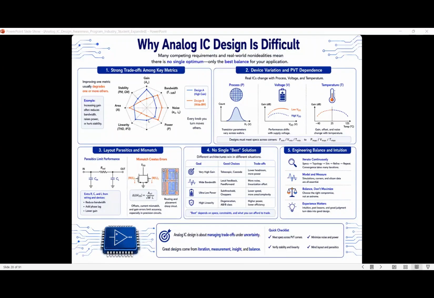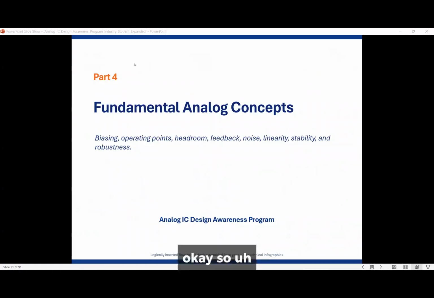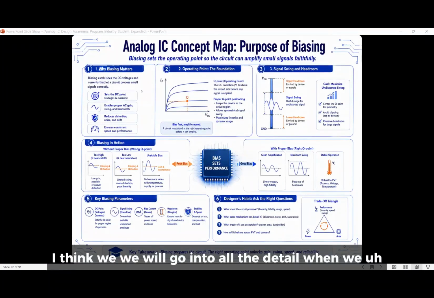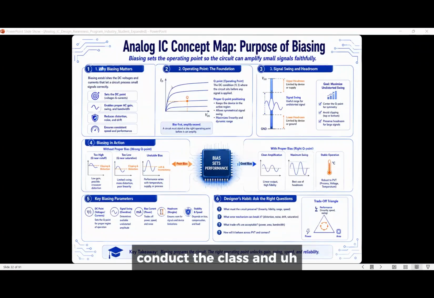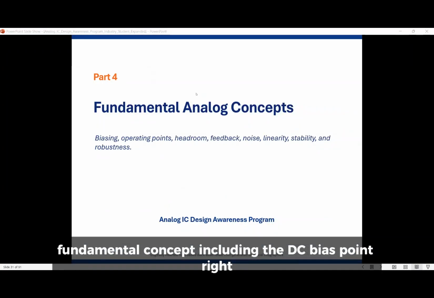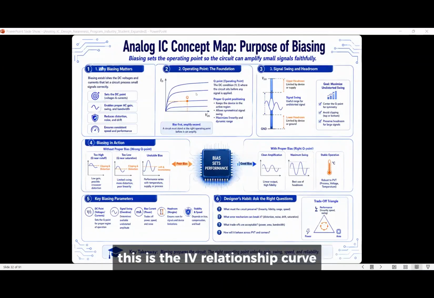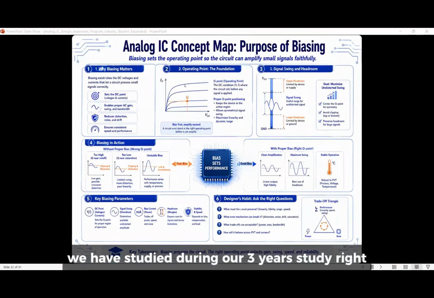Okay, so I think we will go into all the detail when we conduct the class. For example, fundamental concepts including the DC bias point. This is the IV relationship curve we have studied during our third year's study.